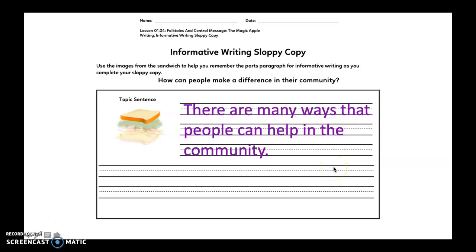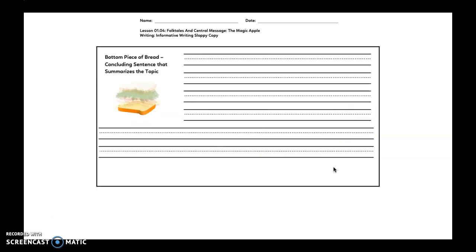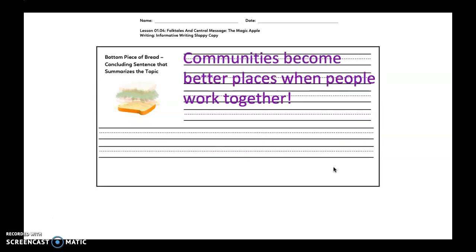How can I reword that to say the same thing, but say it differently? So I'm going to add my conclusion sentence. Communities become better places when people work together. Wow, that's just like my topic sentence, but I wrote the same idea in a different way. And now I finished my writing.